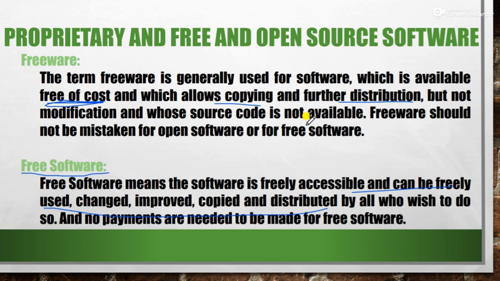In the others you had some sort of limitations, but here there is no limitation given. You can freely use it, change it, improve it, copy it, and distribute it, by all those who wish to do so, and no payments are required for free software.